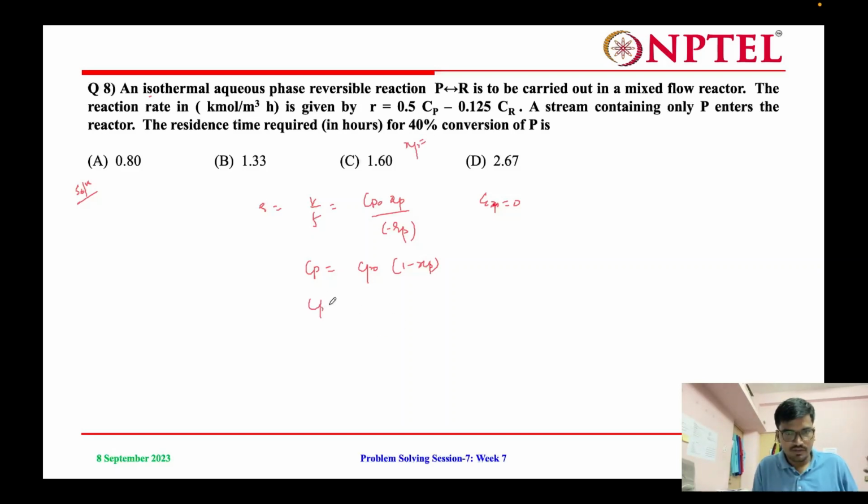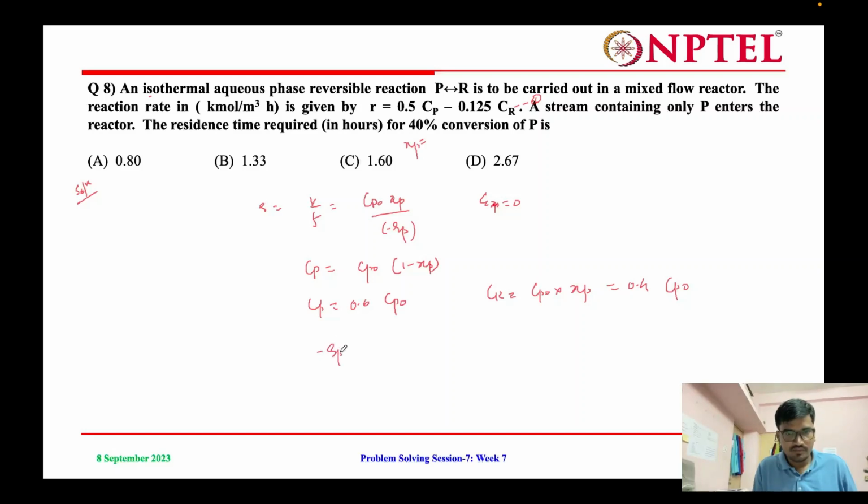So Cp is equal to 0.6 Cp naught, and Cr equal to Cp naught into Xp, equal to 0.4 Cp naught. Now this is equation 1, so put these values in this equation.